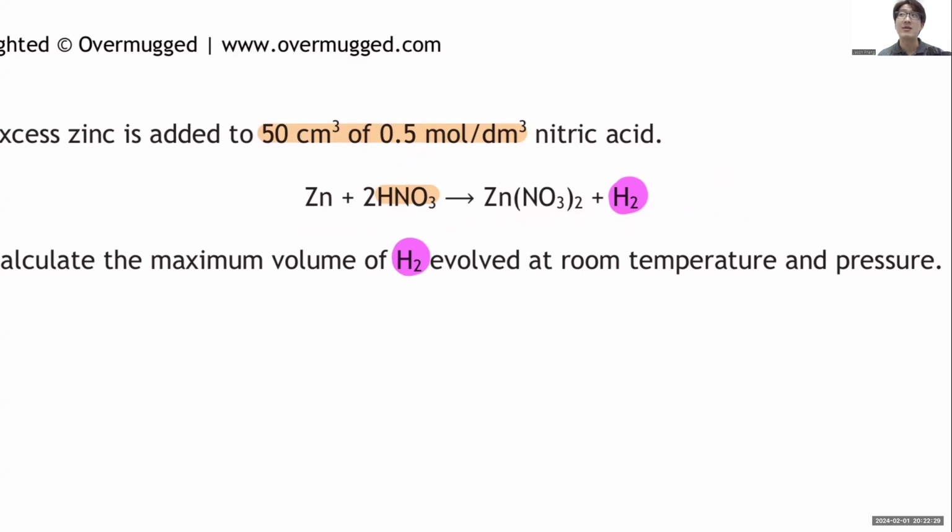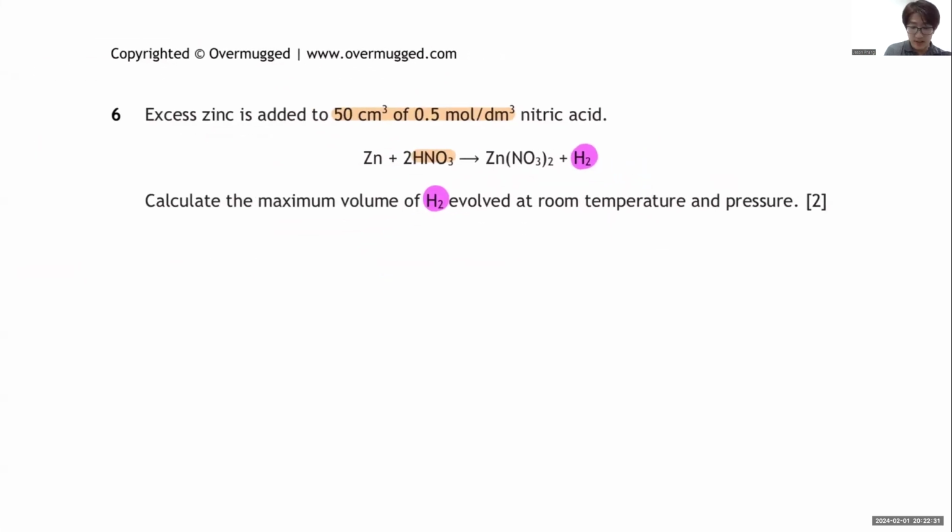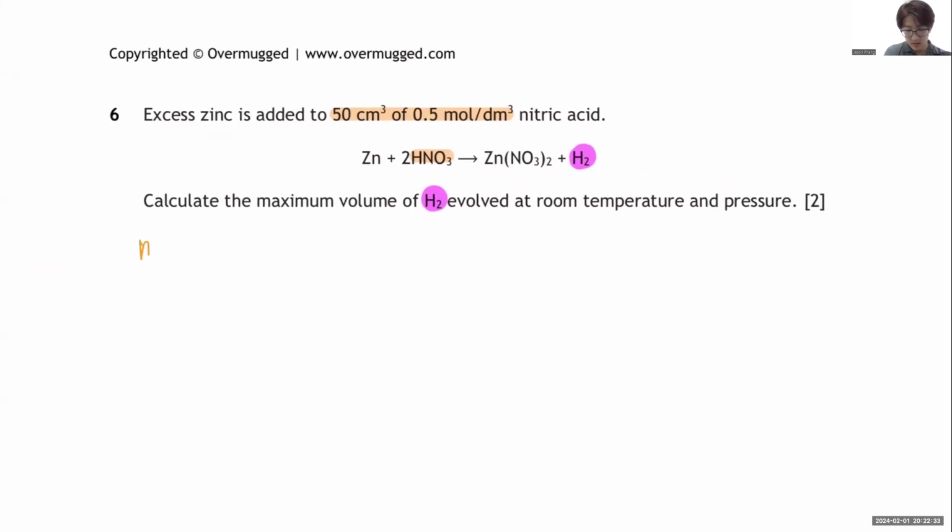Mole ratio, which I must find number of moles. Hence, my first step is volume of, this is the volume of nitric acid. You use 24, is it?